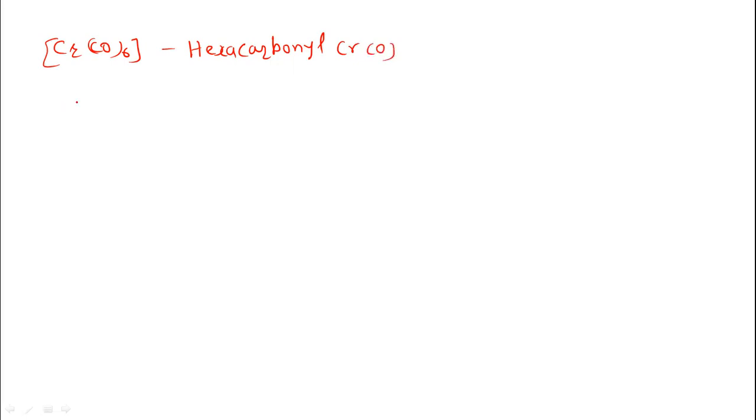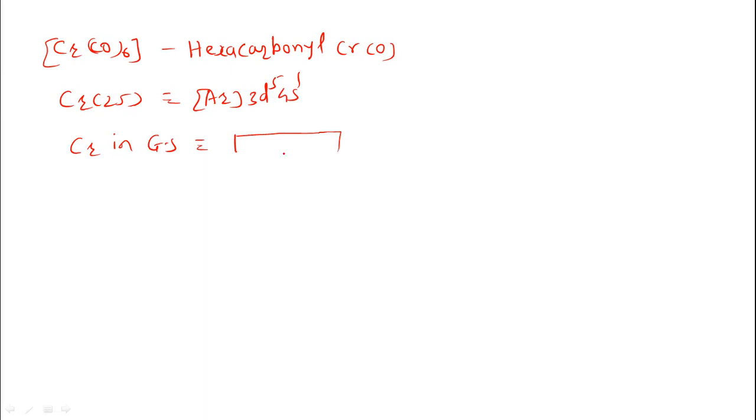Chromium has atomic number 24, and the electronic configuration is argon 3d5 4s1. So this is chromium in the ground state. The 3d orbital first, 5 d orbitals are there, then the 4s orbital and next the 4p orbital.